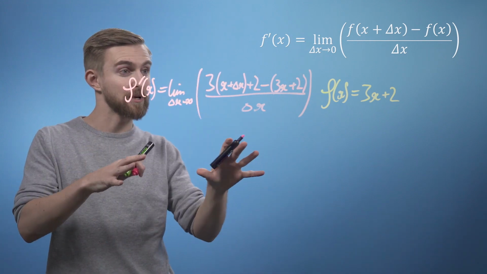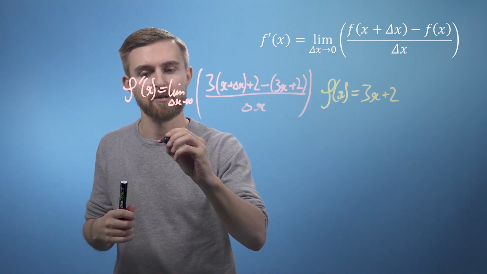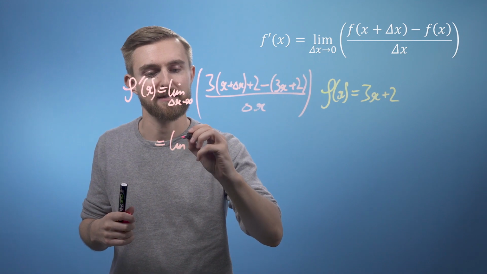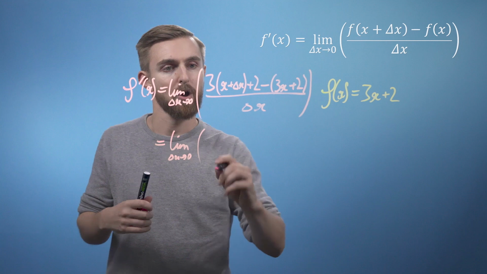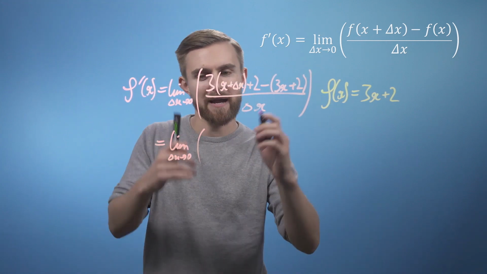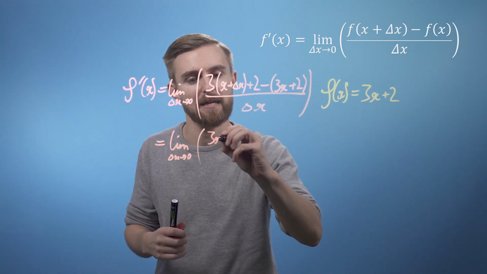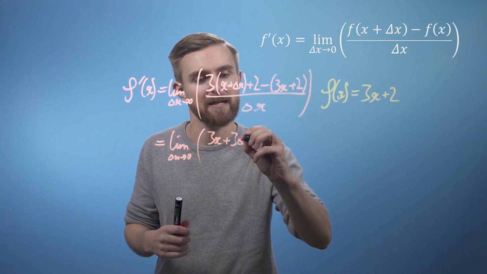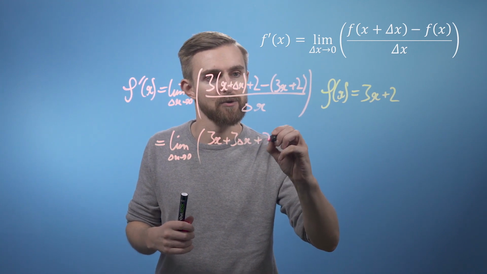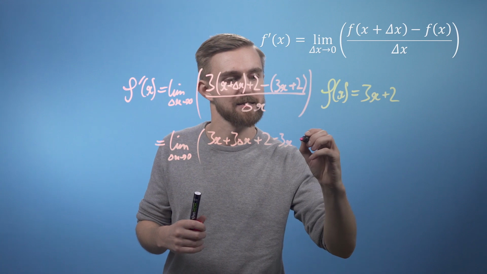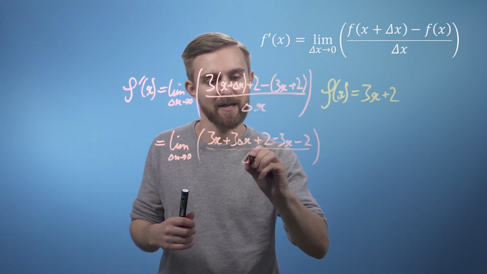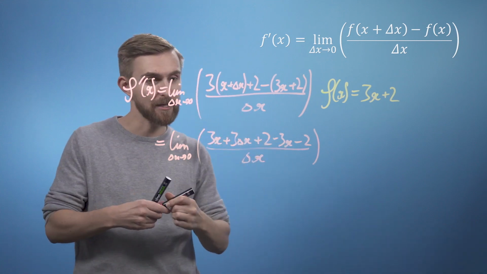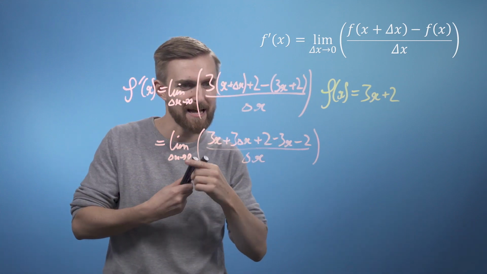Okay, and now we just work through the algebra. So we can say the limit of delta x goes to 0 of, and so we can expand these brackets out, so we're going to get 3x plus 3 delta x plus 2 minus 3x minus 2, all divided by delta x. Okay, and now we can look at this and say some of the terms are going to cancel.